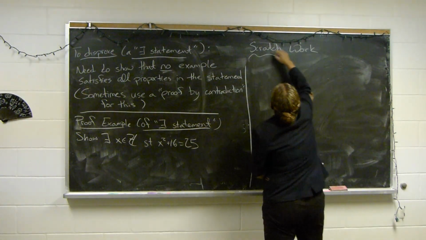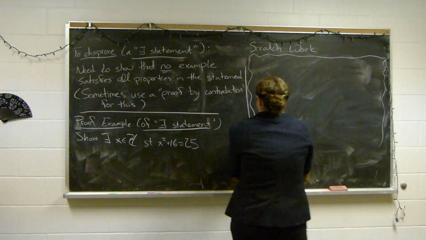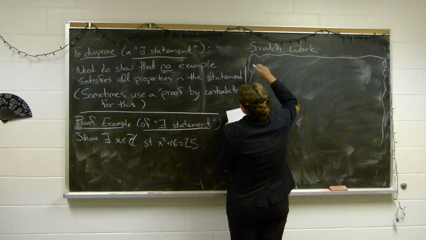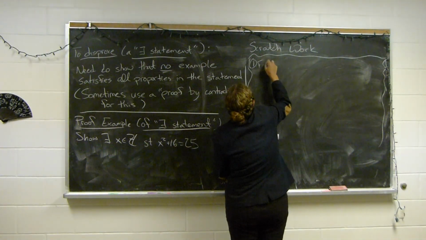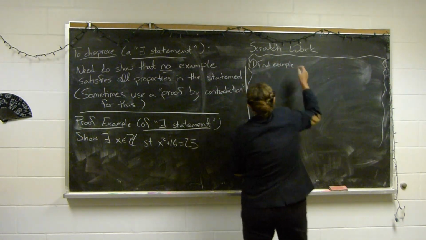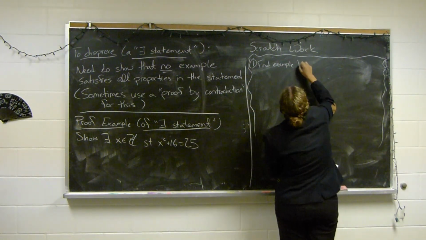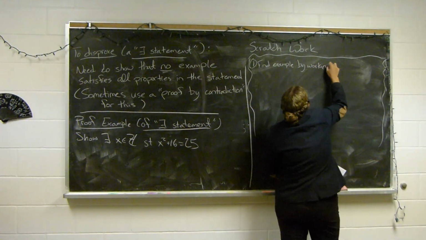To indicate that something's scratch work, I make squiggly lines around it. Okay, so here we go. We're going to find an example by working backwards. This is one way to find an example.